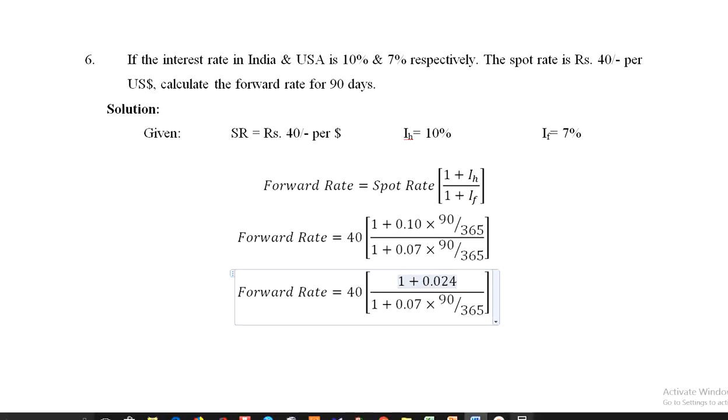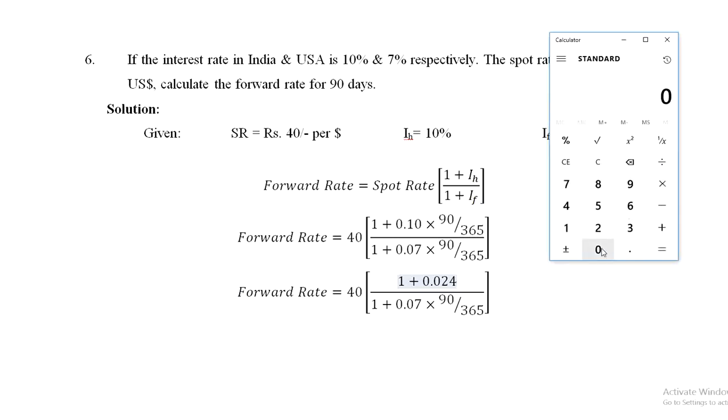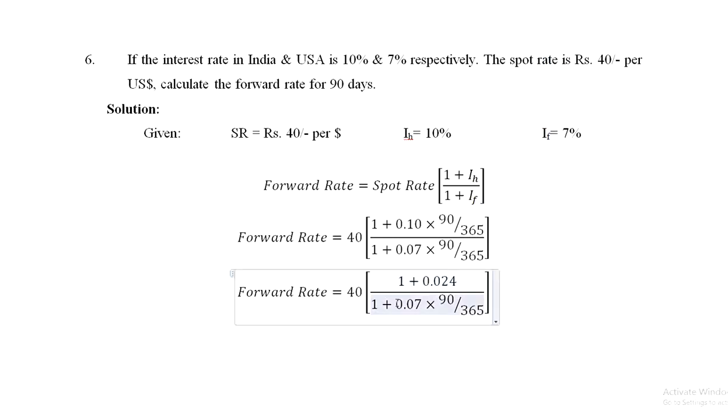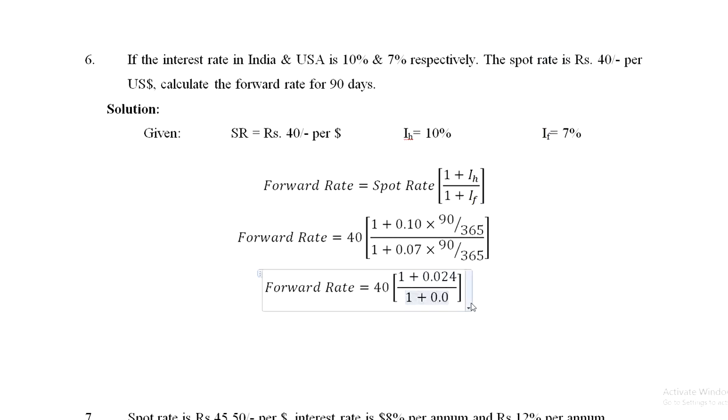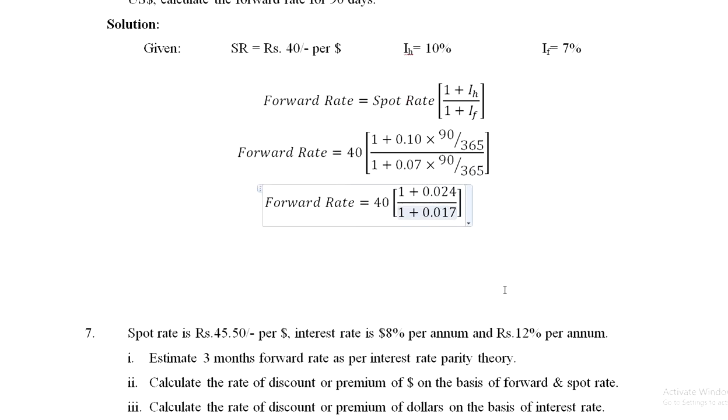And similarly for the host country, 0.07 into 90 divided by 365 equals 0.017. So now it is clear, right?